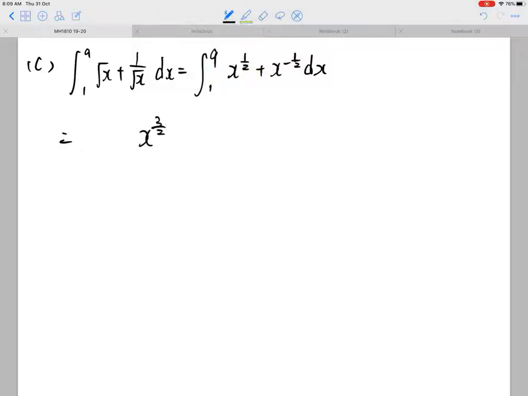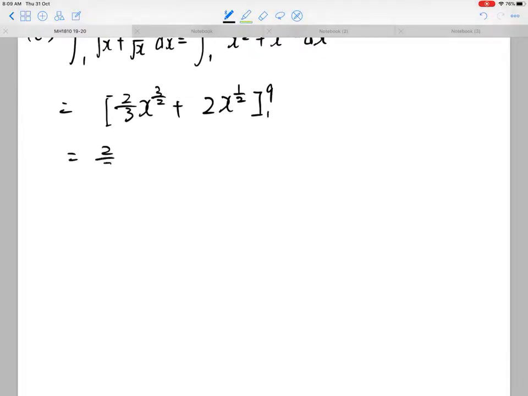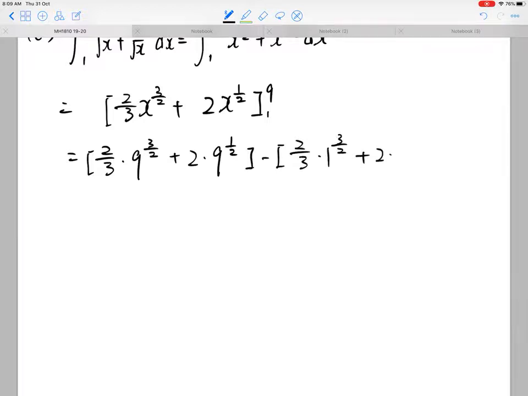x to the power of 3 over 2 times 2 over 3. And the integration of this part is x to the power of half times 2, for x from 1 to 9. So it's 2 over 3 times 9 to the power of 3 over 2 plus 2 times 9 to the power of half, minus 2 over 3 times 1 to the power of 3 over 2 plus 2 times 1 to the power of half.